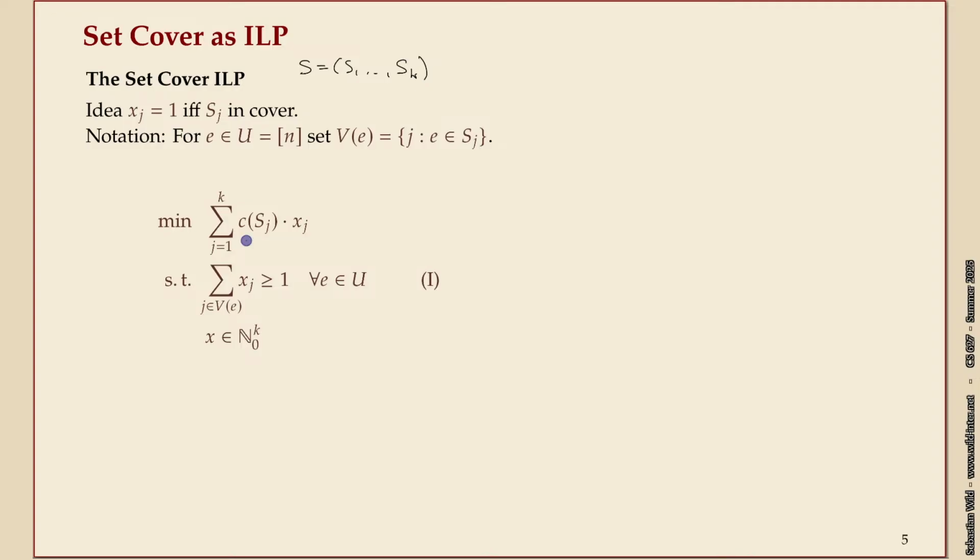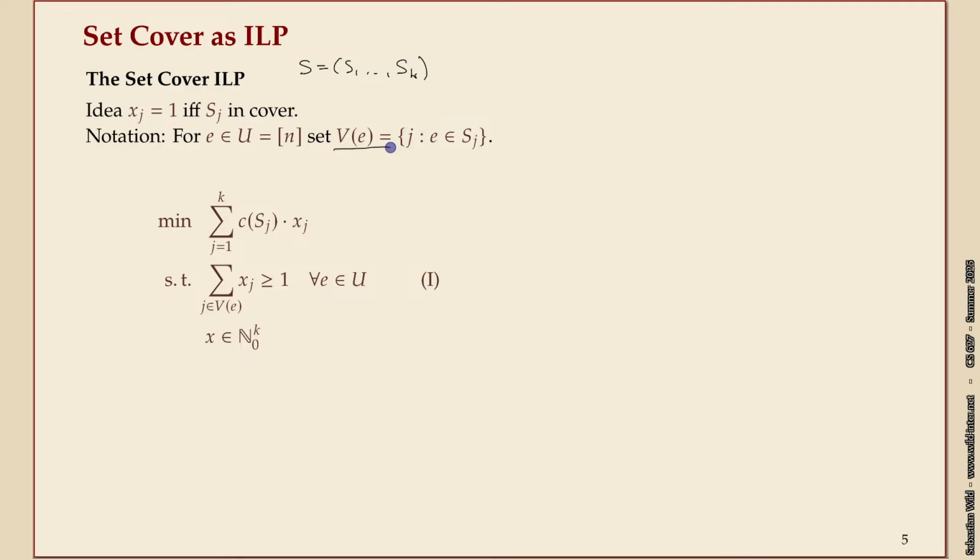As an integer linear program, we can write this as x_j, a variable that is 1 if this set S_j is part of the solution and 0 otherwise. Then this is going to get us the total cost of the cover we're picking. How do we enforce that it is a set cover? For every element e in the universe, we sum over all the sets where this element is contained.